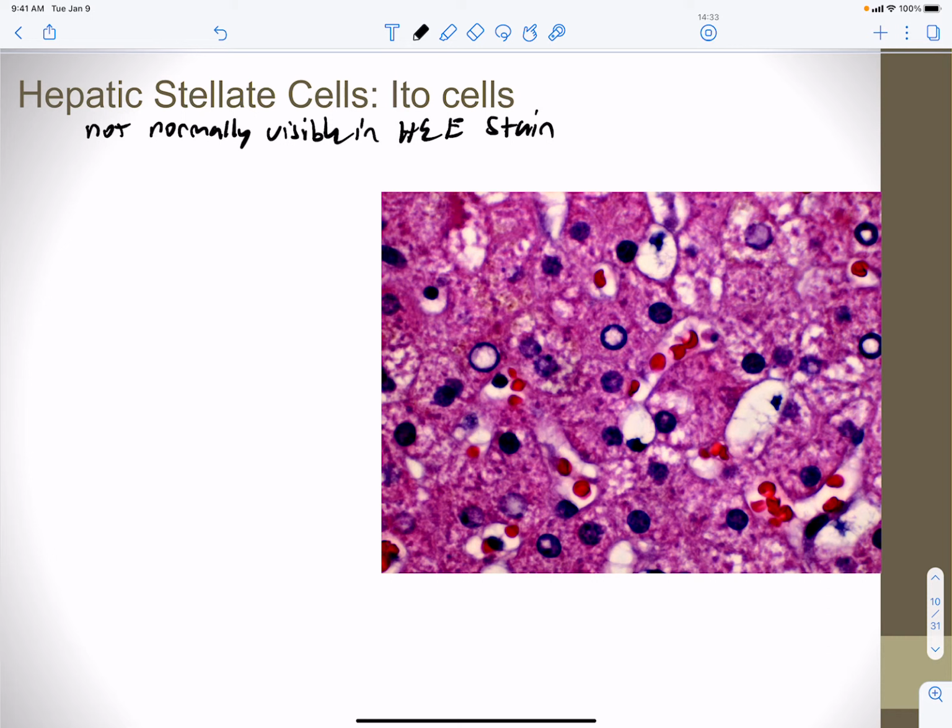There are about 5 to 20 stellate cells per 100 hepatocytes.